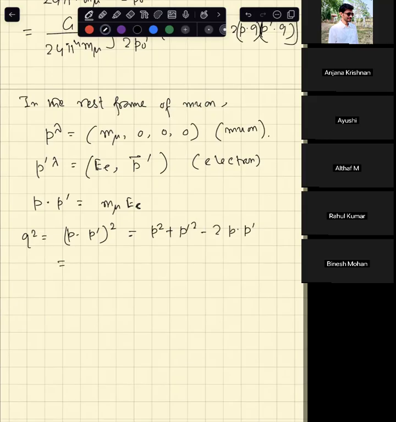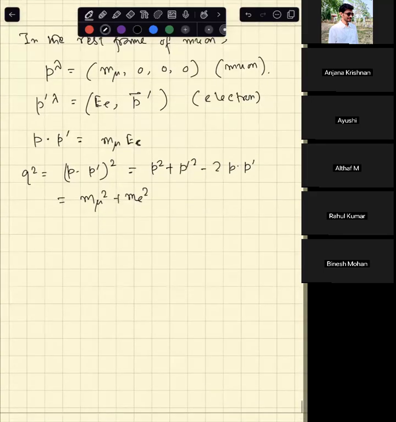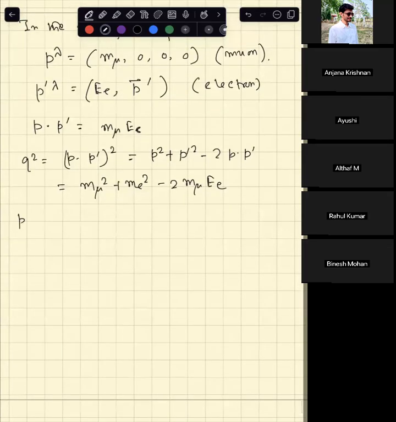So p square gives you the invariant mass of the muon, m mu square. P prime square gives you the electron mass square, and p dot p prime we have already calculated, so this will be m mu times the electron energy. And we have p dot q also, which is p square minus p dot p prime, which is m mu square minus m mu times the electron energy. We have p prime dot q, which is p dot q minus q square. So we get this quantity.